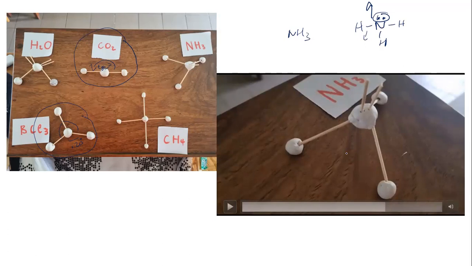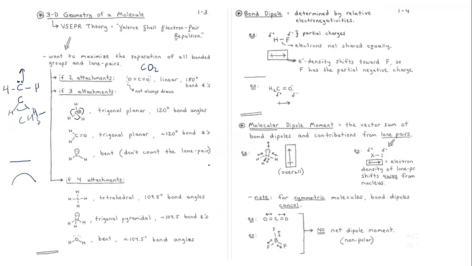So this will be the shape of ammonia, which is trigonal pyramidal, and the bond angle is approximately 109.5 as well.